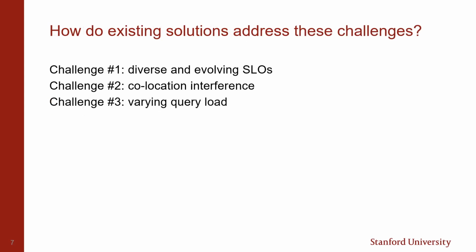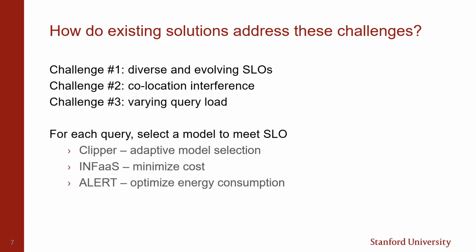So how do existing inference serving systems address the challenges we've previously discussed? As we've seen before, inference serving systems generally employ the approach where for each query, they select the model that best fits the SLO. Example systems which employ this approach include Clipper, InFaaS, and Alert.